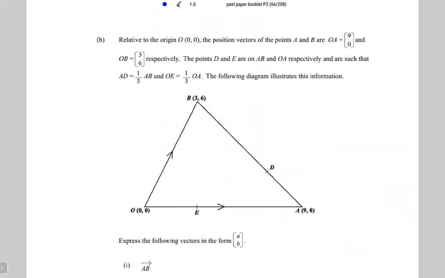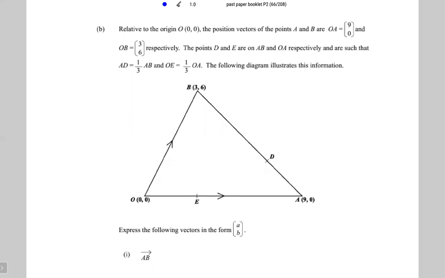All right, so the B part of the question is on vectors. It says relative to the origin O, which is the point 0, 0, the position vectors of the points A and B are OA is 9, 0 and OB is 3, 6. What else are we told?